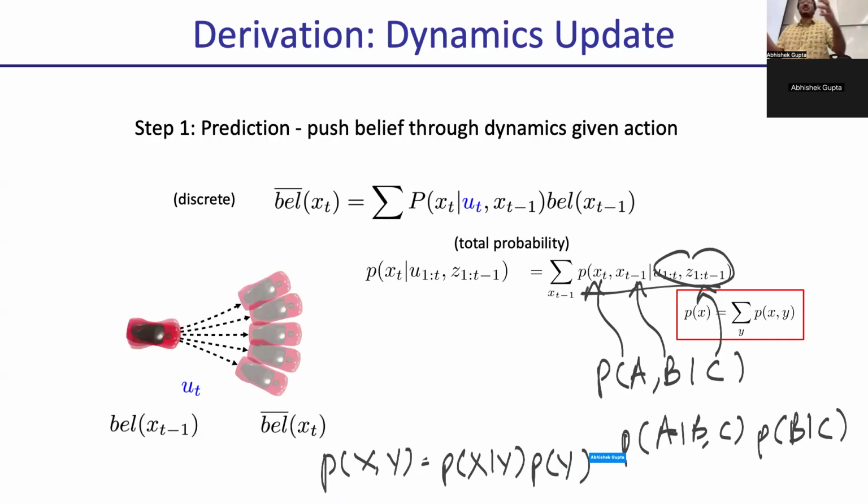You want to express the joint as a product of the conditional and the marginal. You're going to do the same thing here.